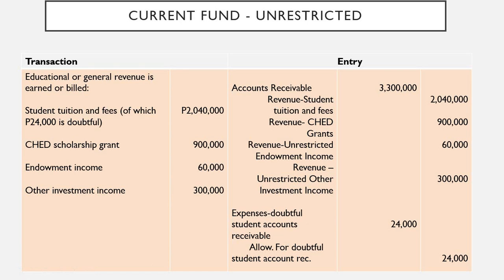And remember na meron tayong doubtful for collection, na part ng ating student tuition and fees. Kaya we have to set up an expense for the doubtful student accounts receivable for 24,000 and credit allowance for doubtful student accounts receivable for 24,000.